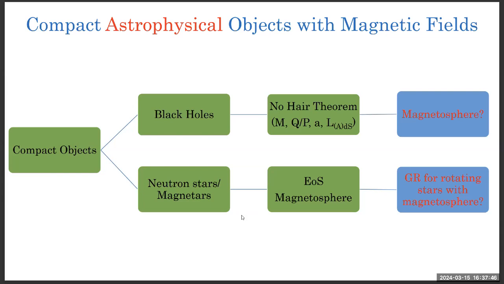Magnetars are a special kind of neutron star, highly magnetized neutron stars. These objects have high density in terms of mass and volume, so the mass density is really high. So we call them compact objects in general relativity. But in astrophysics, it is a little bit more abstract sense.